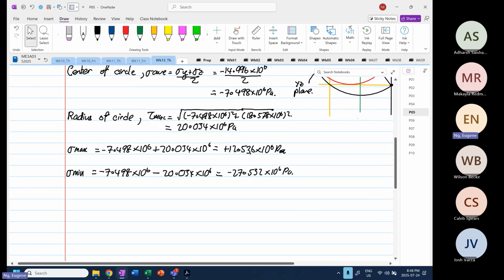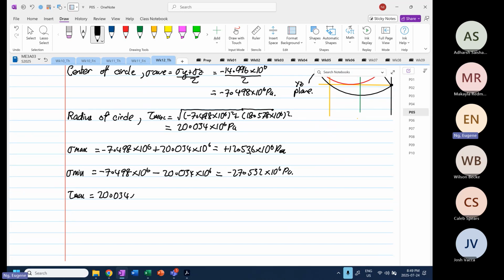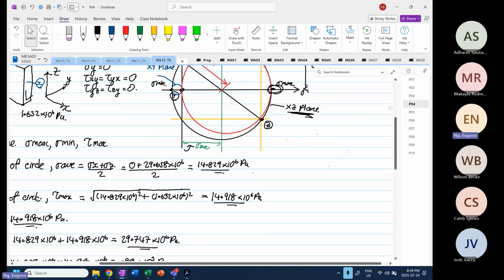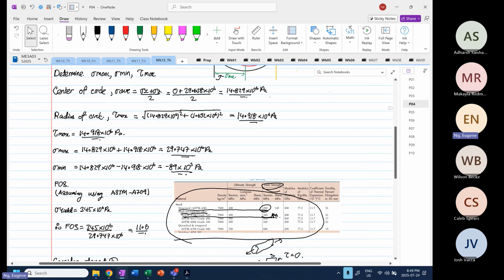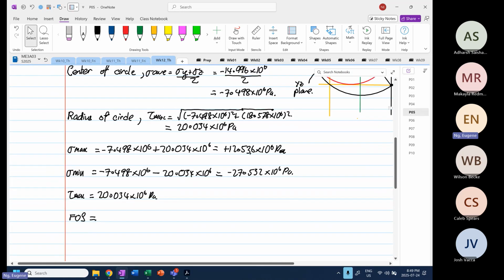And then your tau max will be equal to 20.034 times 10 to the power 6 Pascal. Then if we were to calculate our factor of safety, the value that we used earlier is 345, so use the same value of 345.